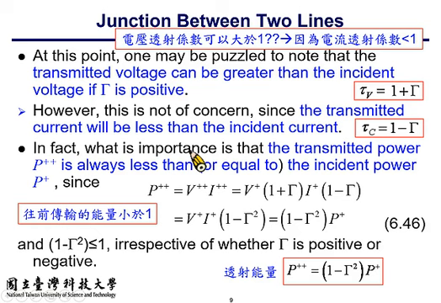Oh, okay, we didn't do the substitution here. Okay, but anyway, you can identify that in the right-hand side of the equation, you have a V plus and I plus, and the product of the two is what? Is P plus, the incident power. So V plus I plus is replaced with P plus. And the product of 1 minus gamma and 1 plus gamma equals to 1 minus gamma squared. So we have this expression.